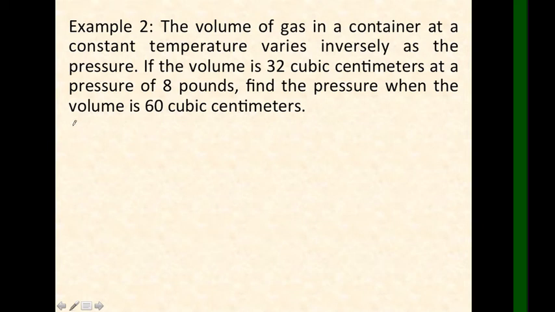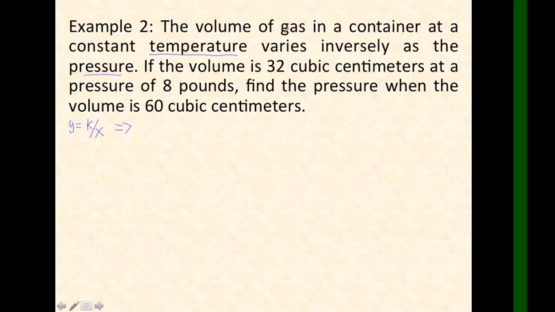Kanina kasi pinakita ko sa inyo yung y is equal to k over x. Ang una natin gagawin, class, is we need to determine which is the y and which is the x. Sabi dito, the volume varies inversely as the pressure.